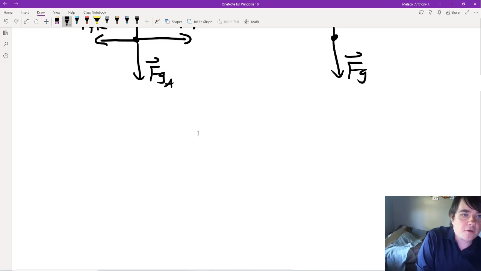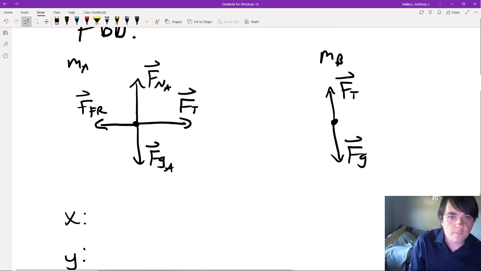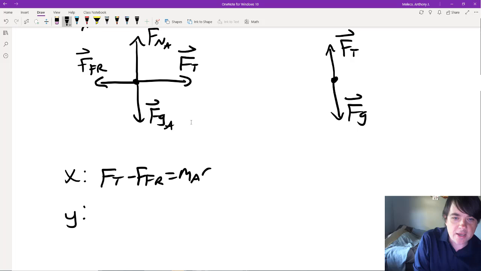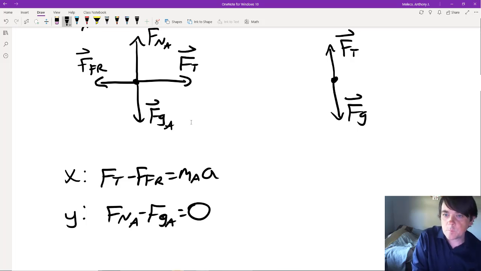And so now we have our x and y equations. In the x, we have Ft minus the force of friction equals MA times a. Then in the y, for the first one we've got nothing.